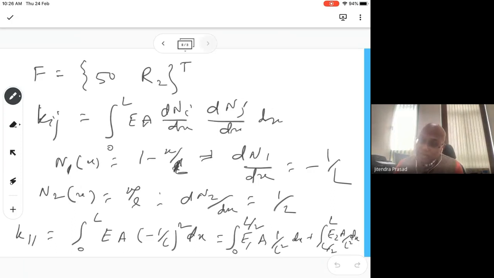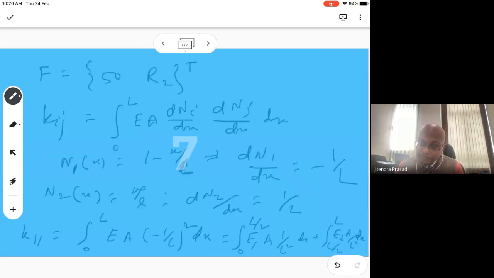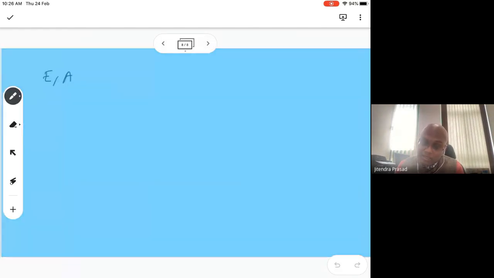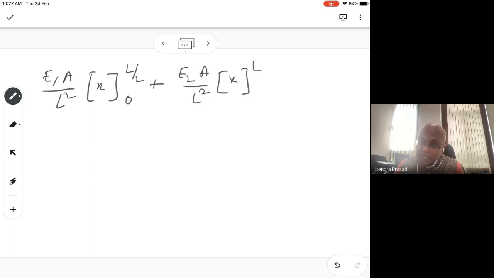Yeah, so finally what we get? We get E1A over L square, and then what you get here is x from 0 to L over 2, plus E2A over L square times x from L over 2 to L, right?